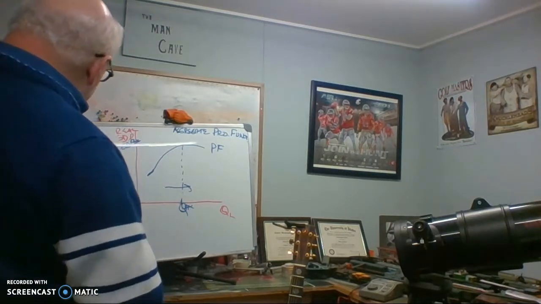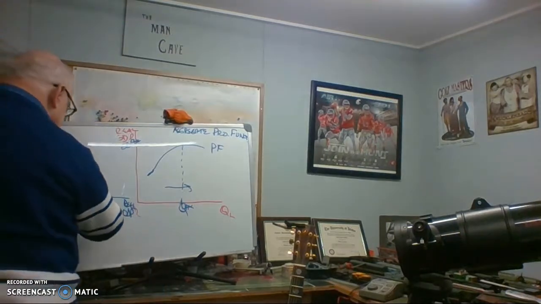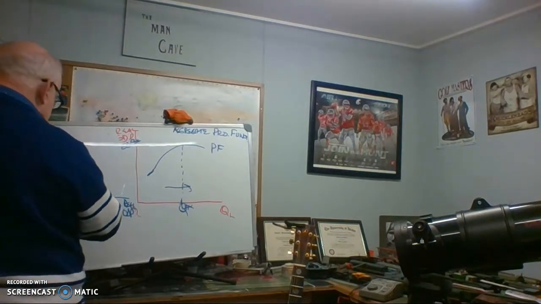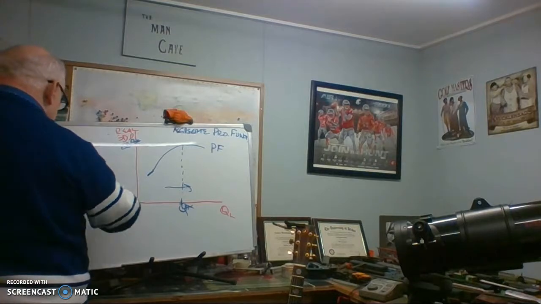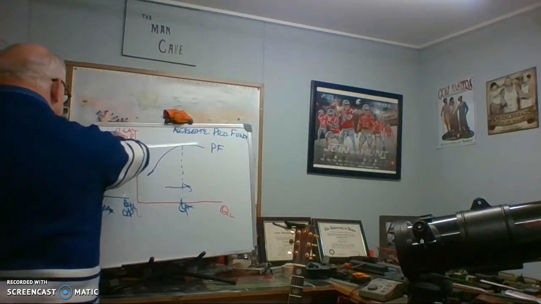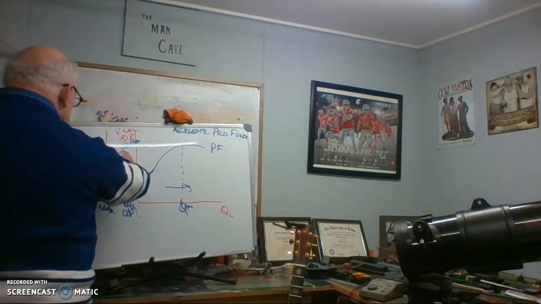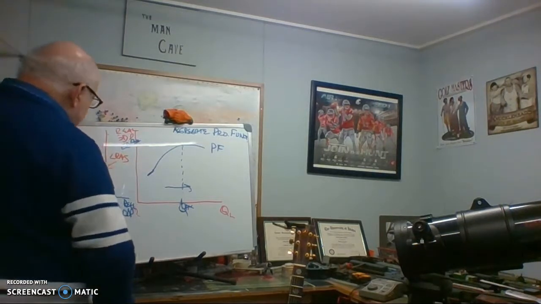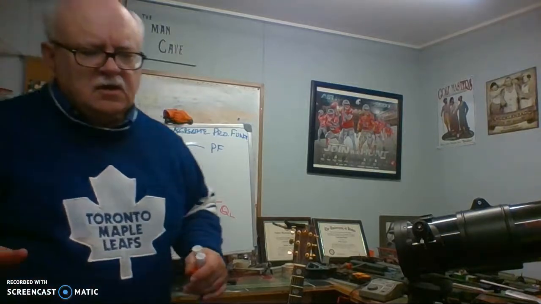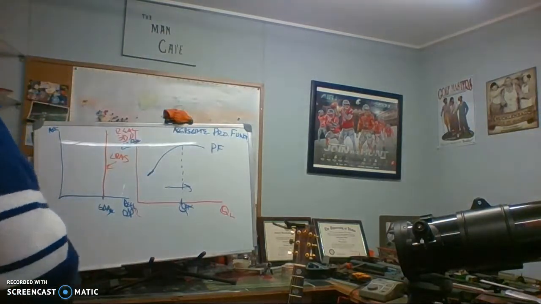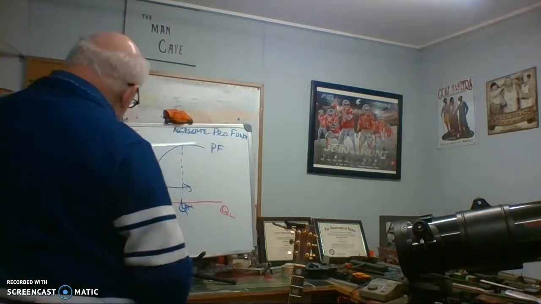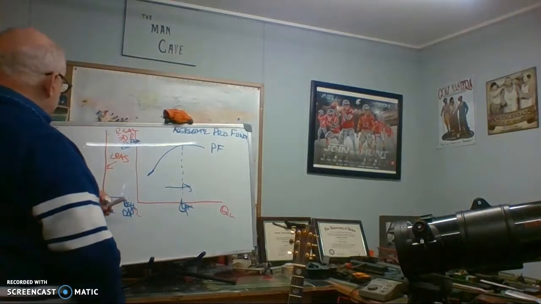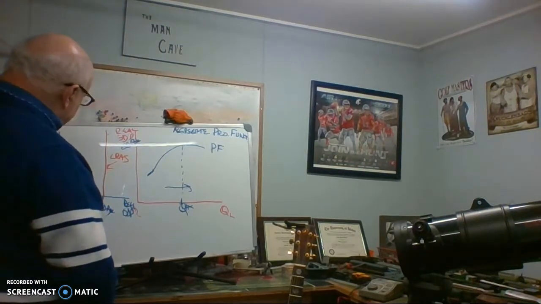No matter what the average price is, that's the amount the economy can produce. So this defines the long-run aggregate supply curve. It also defines the production possibilities frontier. So this is what it looks like when the economy is working at full gear.